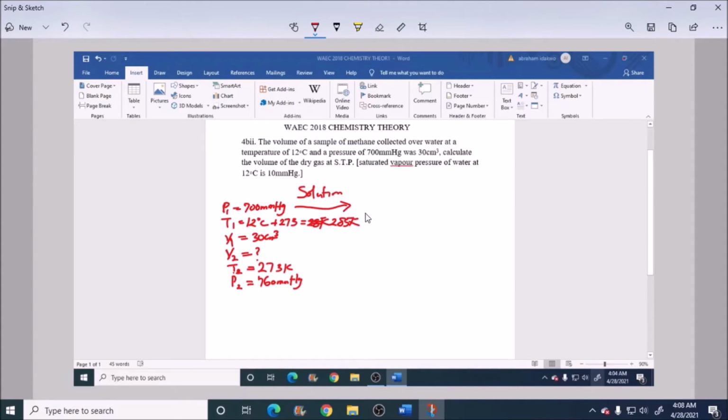Then don't forget that for our pressure P1, they said it is collected over water vapor. It means it's not actually 700 millimeter mercury. We are going to subtract from our P total. That is what we have from Dalton's law of partial pressure: P total is equal to P gas plus P water vapor.